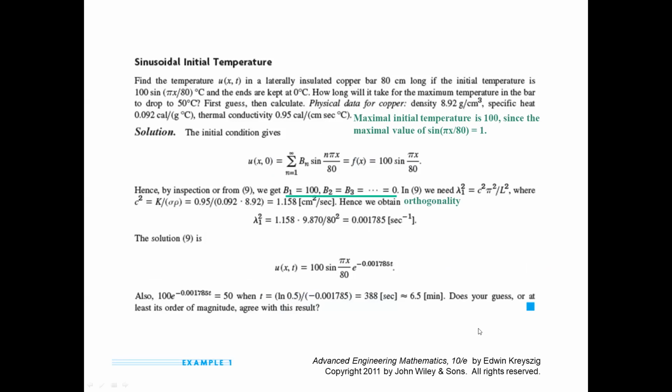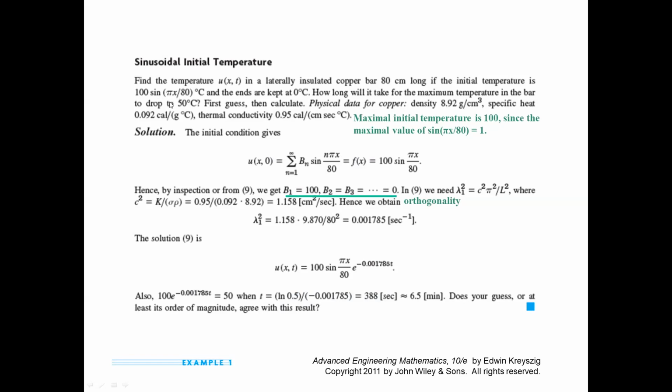We keep the temperature at the two ends 0, but initially it has a temperature distribution like this: 100 times sine pi x over 80.